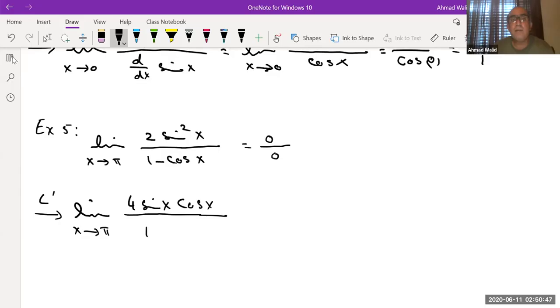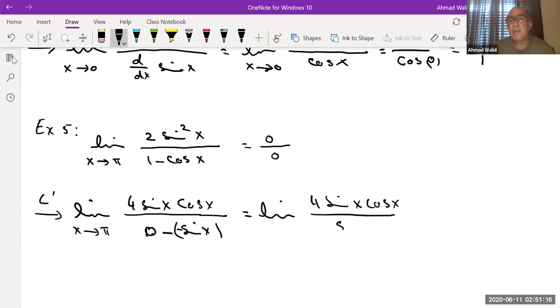Over 1, the derivative of 1 is 0 minus the derivative of cosine x, which is negative sine x. Simplify a little bit. Limit 4 sine x cosine x over sine x as x approaches pi.